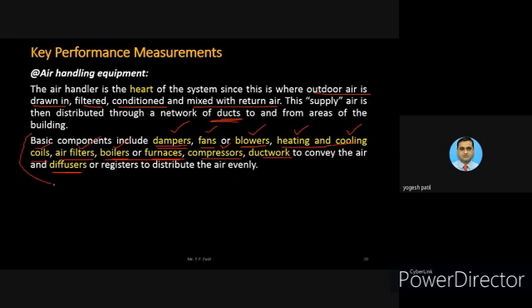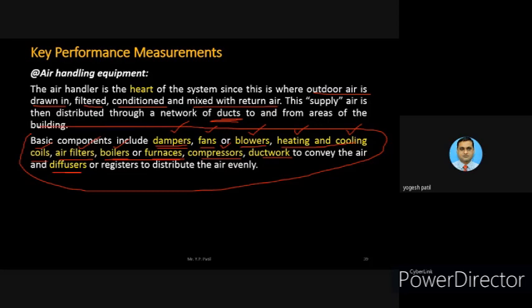But yes, these things are required. These are the main blocks, and based on that we will see what we are actually measuring. These are the components, not the measurements, so now we consider the measurement of which parameters.